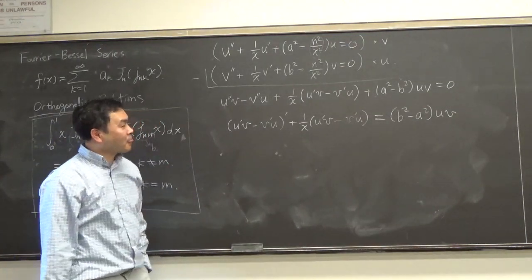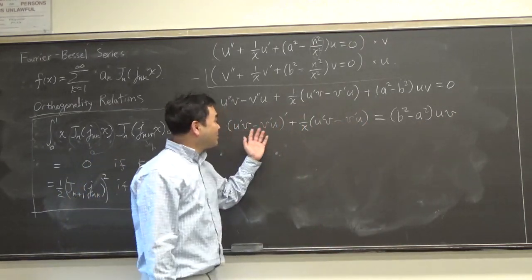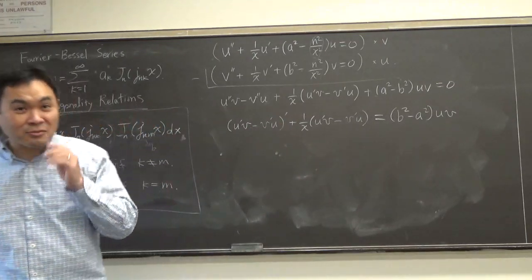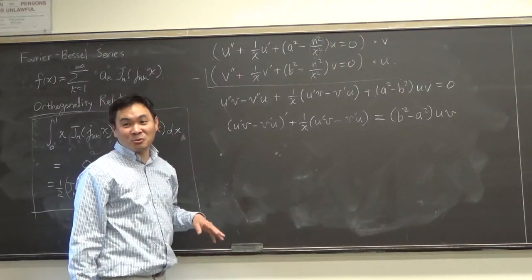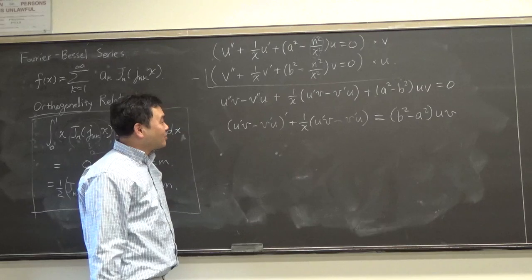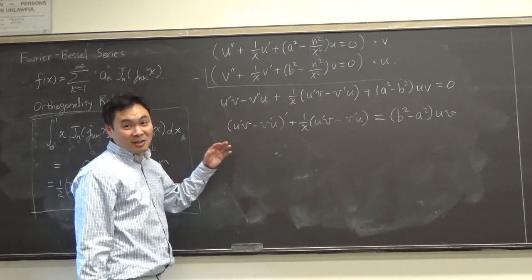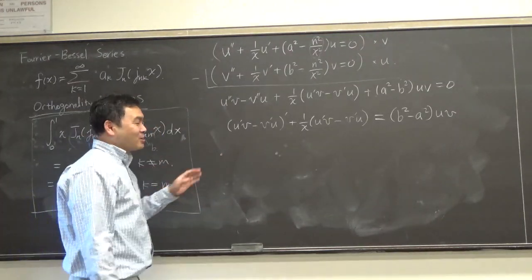Aside from the fact that uv appears here again, the left side looks like a first order differential equation, right? You can take the multiplier and multiply it to the left side to turn it into a product rule. Let's not go there.